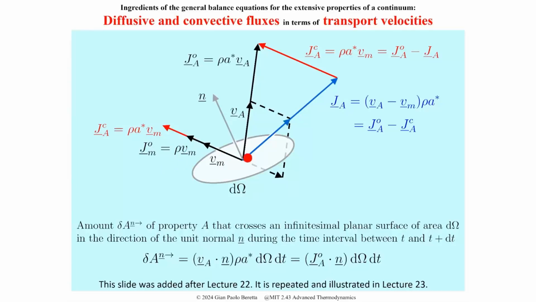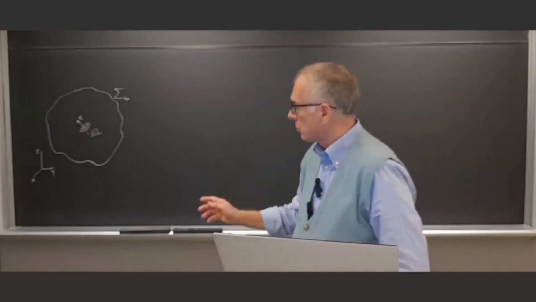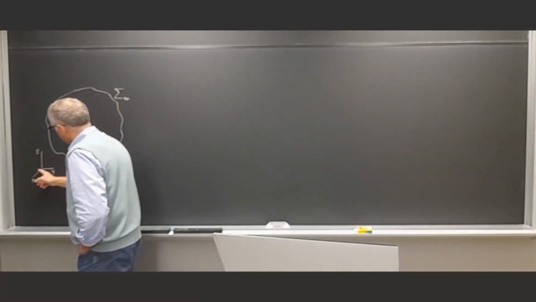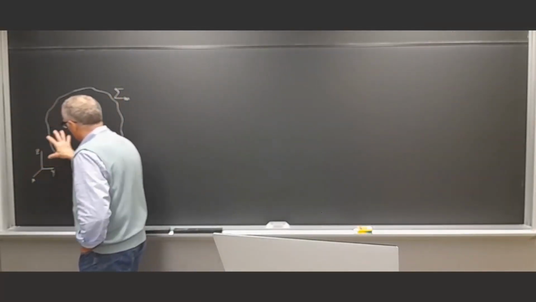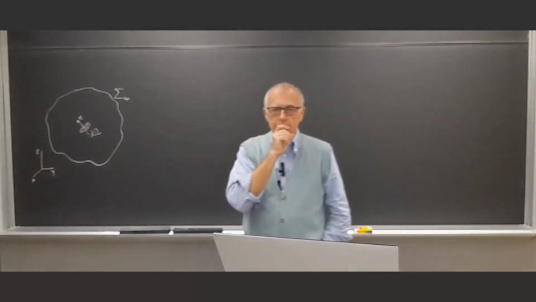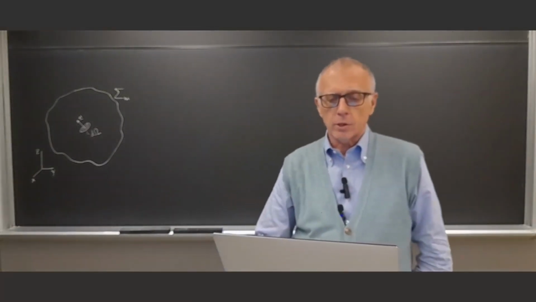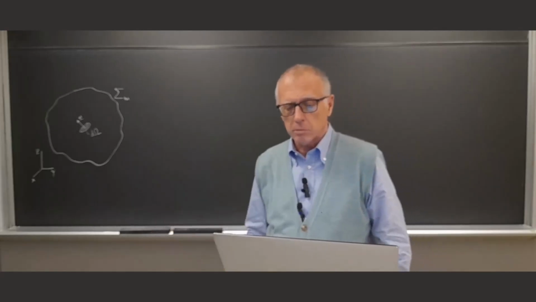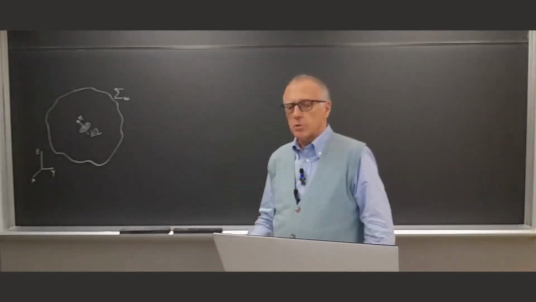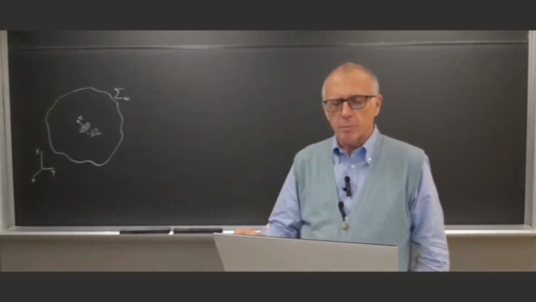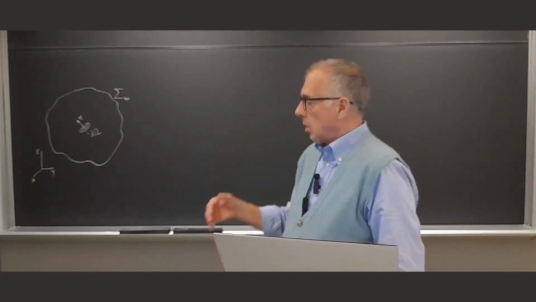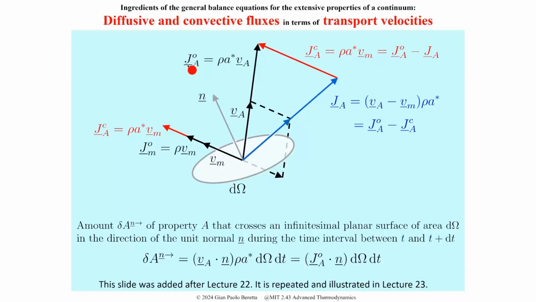So let's consider first the flux, the measurement in terms of the reference frame of the laboratory. And that we call it J0. I also call it Lagrangian, but maybe the term Lagrangian is not really appropriate. But in any case, it's the flux with respect to the laboratory reference frame.